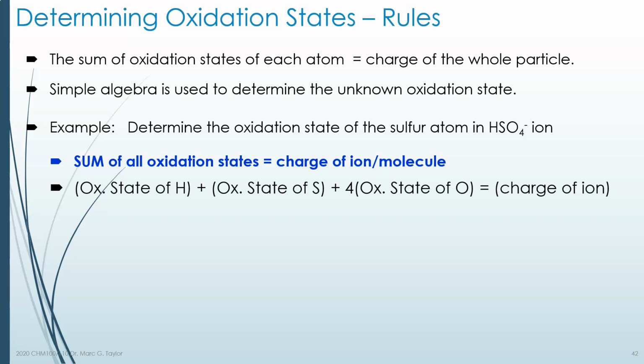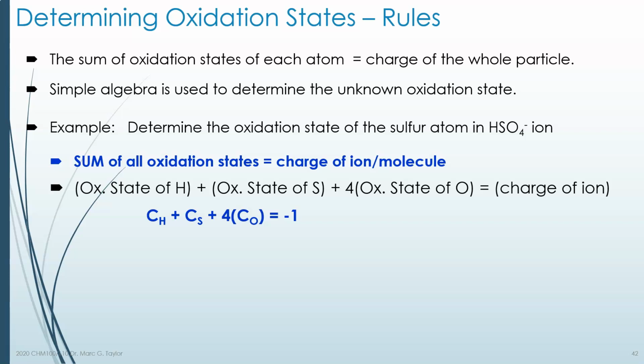So that means if we add the oxidation state of the 1 hydrogen plus the oxidation state of the 1 sulfur plus 4 times the oxidation state of each of the oxygens, we will get the total charge on that particle, which in this case is -1. So here I've written it as an algebraic formula. The charge of H plus the charge of S plus 4 times the charge of the oxygen equals -1.